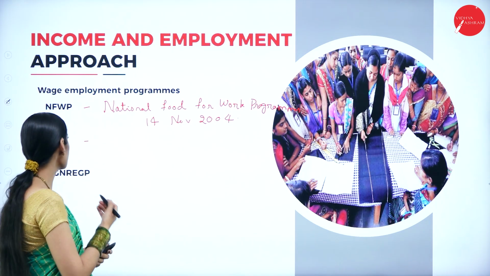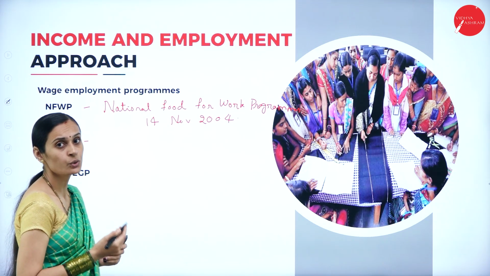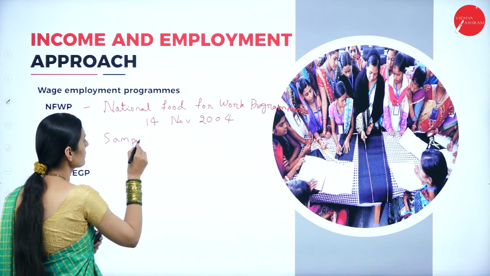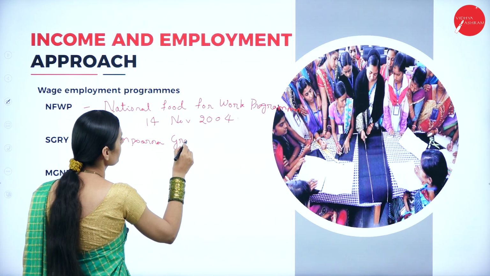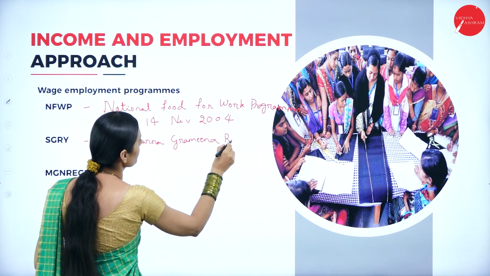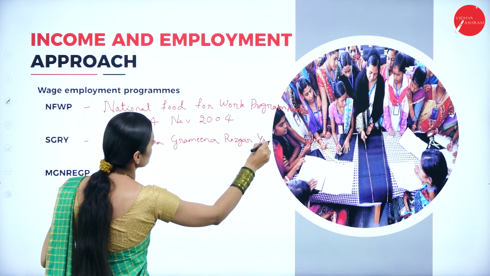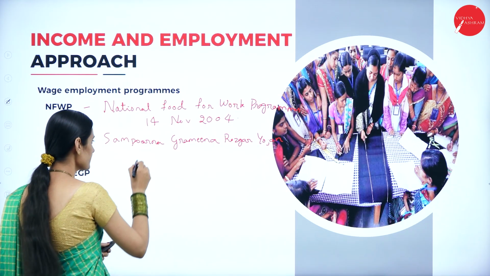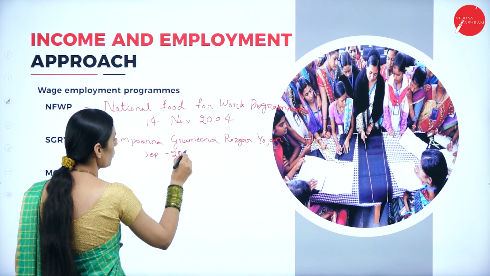And the second one, SGRY, that is Sampurna Gramin Rozgar Yojana. It started in September 2001.